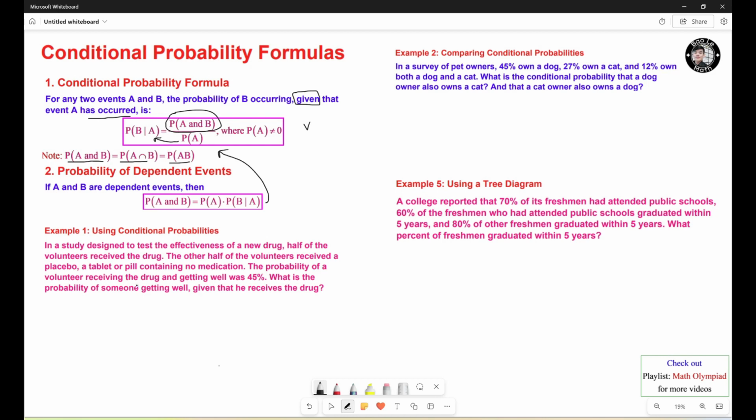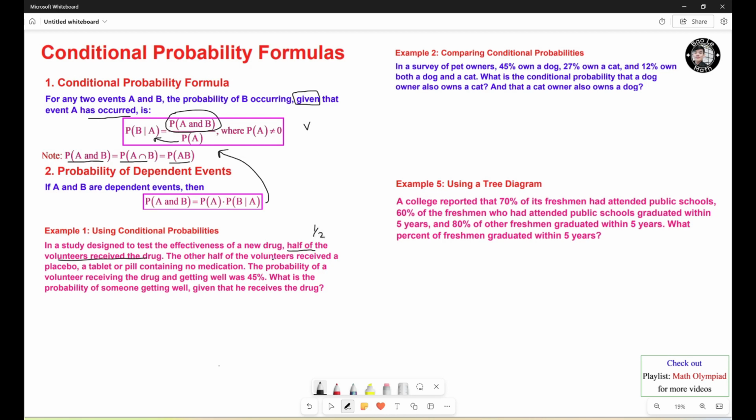Now, let's take a look at the first example. In order to use the conditional probability formulas, you need to identify event A and event B from the word problem. Example number 1, using conditional probabilities. In a study designed to test the effectiveness of a new drug, half of the volunteers received the drug. Half means 50%, or one half.